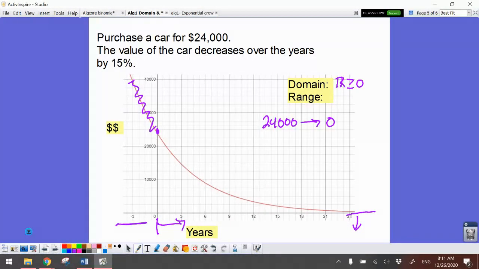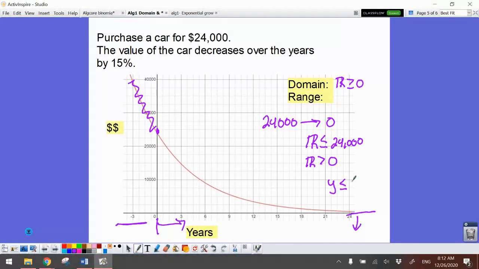Okay, so how can I write an inequality for that? Well, there's two ways I could do it. I could write it as real numbers less than or equal to 24,000 and real numbers greater than, I'm not going to be greater than or equal to, greater than 0. Or I could write that as an and inequality where I put my y in there because that's my variable y.